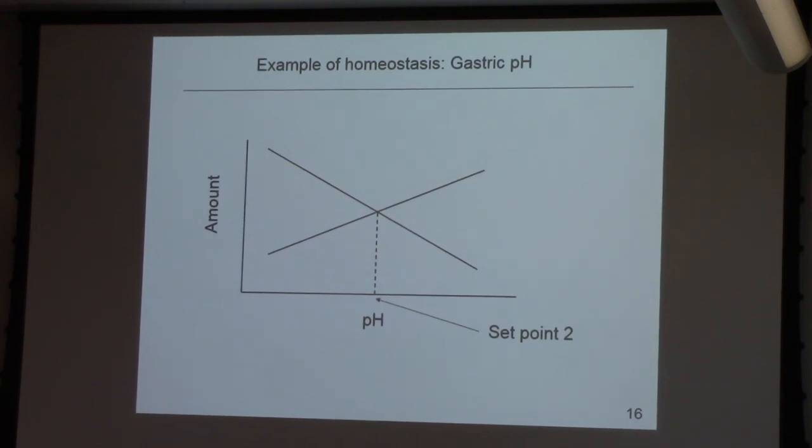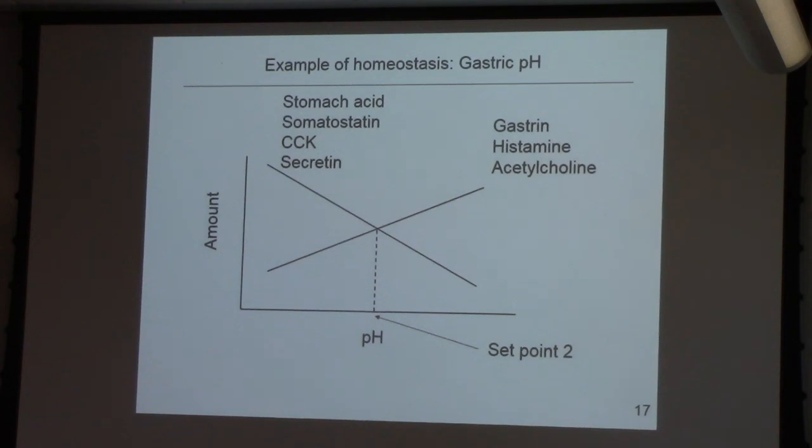Secretin turns off gastric acid production, and so does CCK, I think. Wait, but wouldn't that decrease pH? Oh, you're right. So somatostatin, CCK, and secretin would go here to turn off gastric acid secretion, which would raise the pH. Let's see. Yeah, there it is.